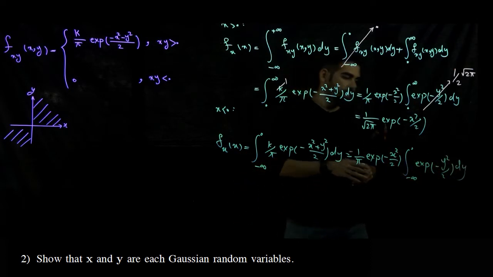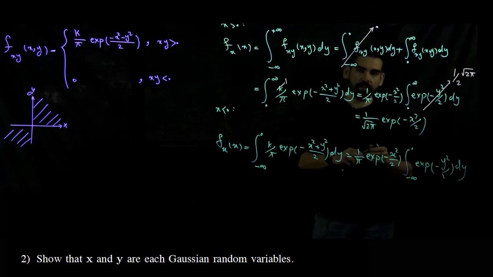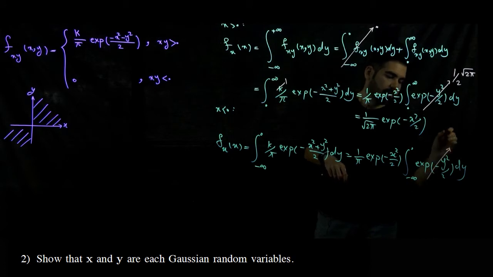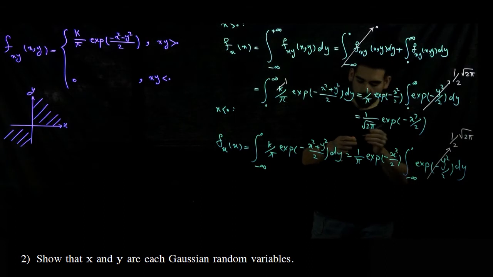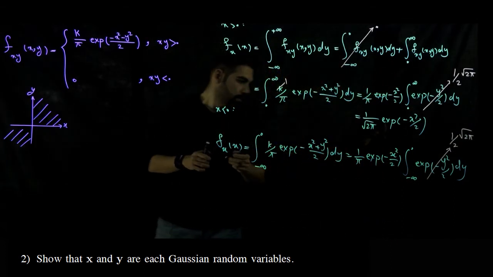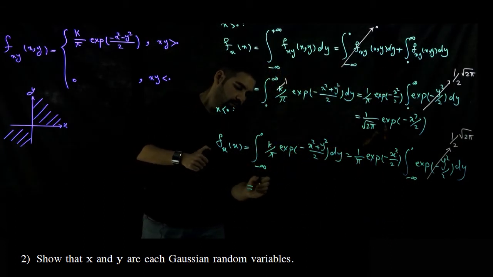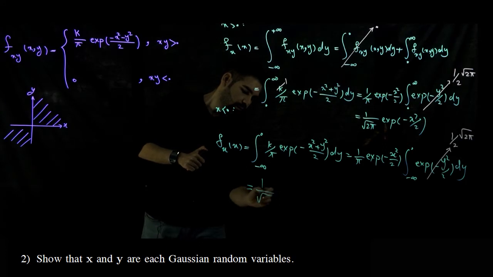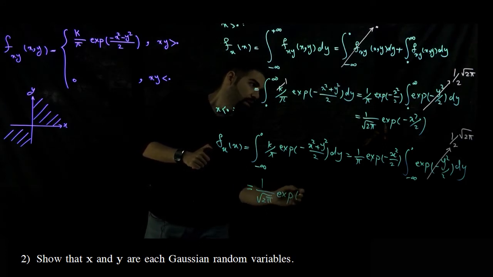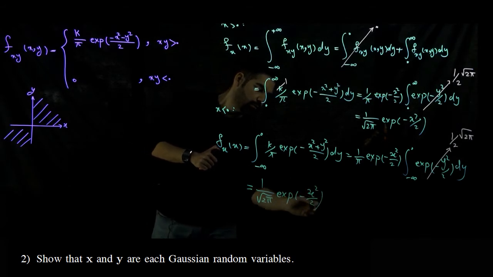And this is again a standard normal PDF that is integrated over half the plane. So again, this is 1 over 2 radical 2 pi. And finally we get this equals 1 over radical 2 pi exp minus x2 over 2.